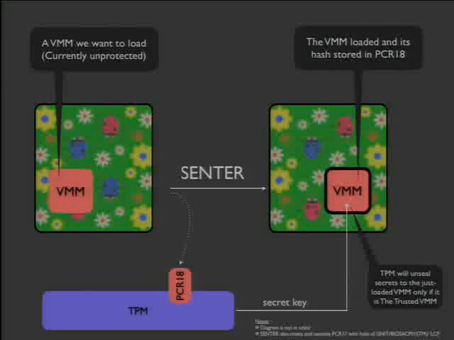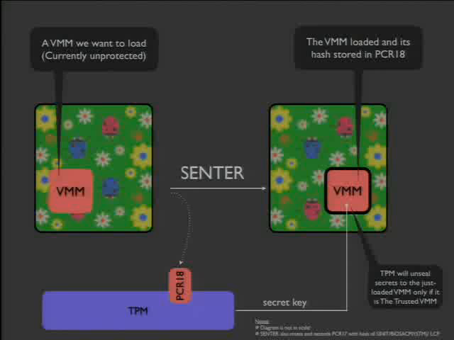It might have happened. However, SENTER, before handing execution to this VMM, does one more thing. It extends PCR18 with the hash of this code. And before extending it, it actually resets PCR18. It also resets PCR17, but extends it with something else, which I don't want to go into details about right now.